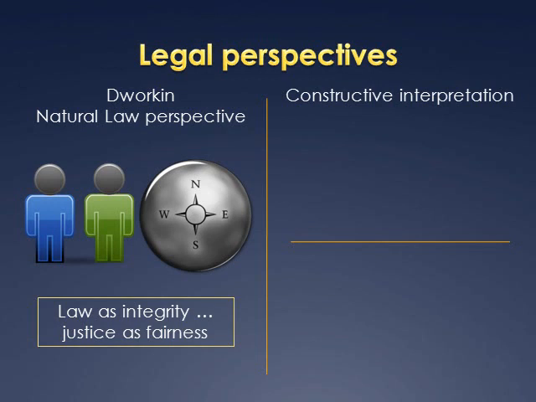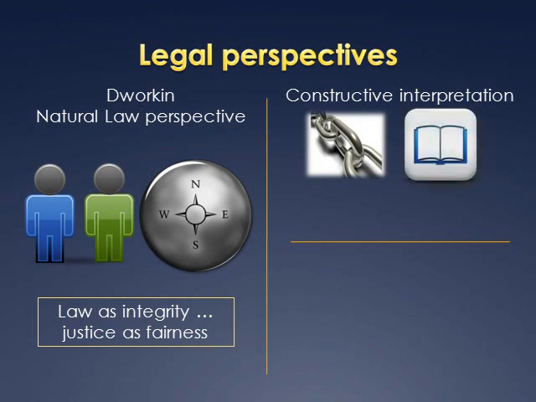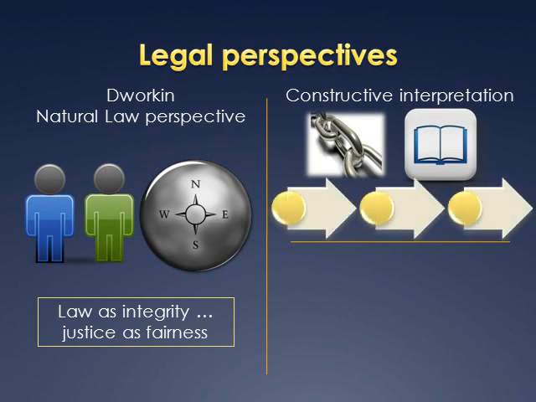Dworkin proposes constructive interpretation that could transcend meta-narrative hegemony. Constructive interpretation relies on two metaphors. First, the chain novel metaphor. In this enterprise, a group of novelists write a novel seriatim.